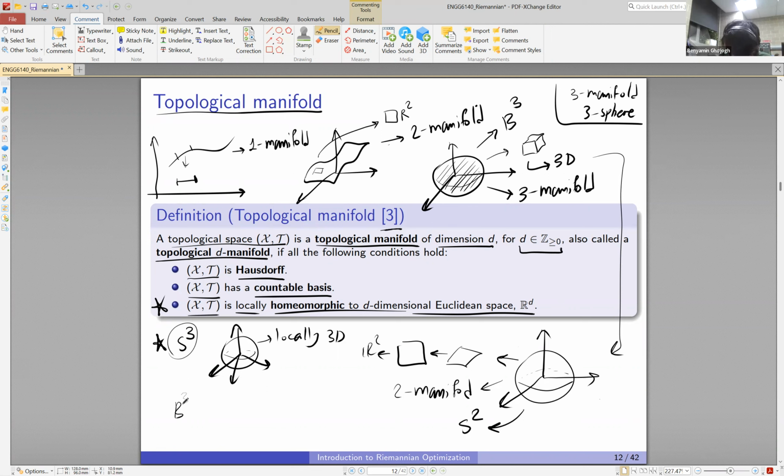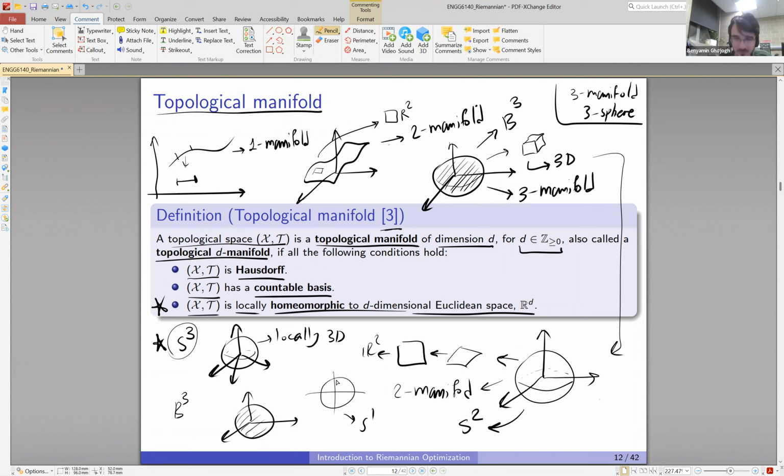However, B3 you can visualize easily. It is a ball in 3D. B2 is a ball in 2D. It's like a circle, but it has interior. S2 is just a circle without... no, this is S1. This is S1. This is S2.